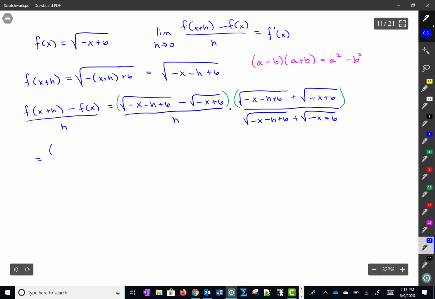So effectively I just have negative x minus h plus 6 minus negative x plus 6. And that's all over my denominator, which would be h times all of this stuff with the square root still involved. So those don't disappear.